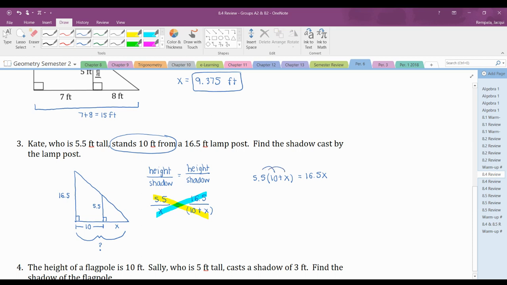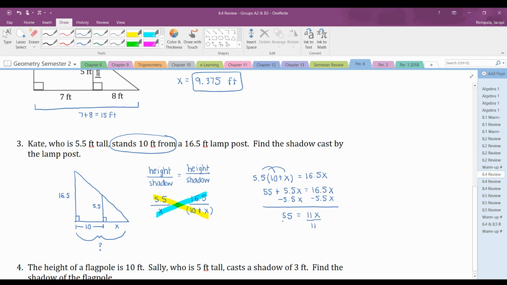So when I multiply that by 10, I get 55. 5.5 times X is 5.5X. Notice that I've got X's on both sides of my equation. So I'm going to subtract the 5.5X to get everything with the X over to the right. That would keep the 55. 16.5 minus 5.5 is going to give me 11, and that's still with X.